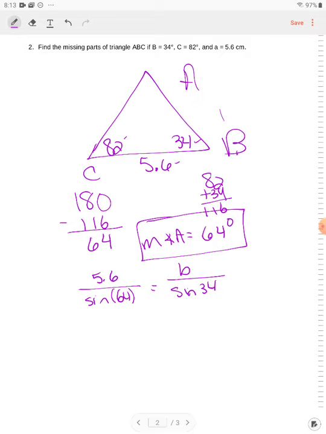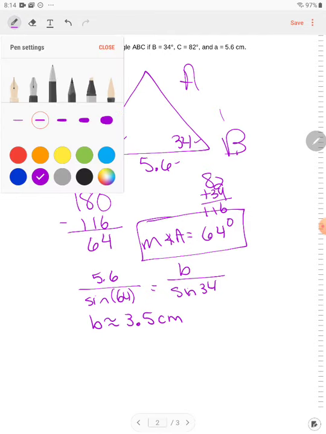If we cross multiply and solve, b is approximately 3.5 centimeters. Now let's find side length c.